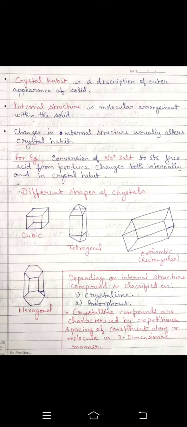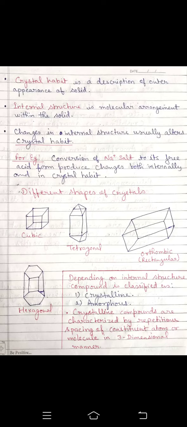Crystals may be found in different shapes like cubic, tetragonal, orthorhombic, and hexagonal. There are several other shapes also. Now coming to the types of crystals, depending on the internal structure, a compound is classified as crystalline or amorphous.